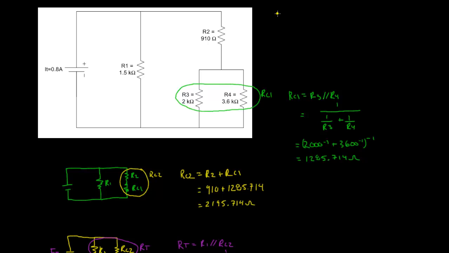So our final step here: EC1 is equal to E3, which equals E4, which equals 417.47 volts.